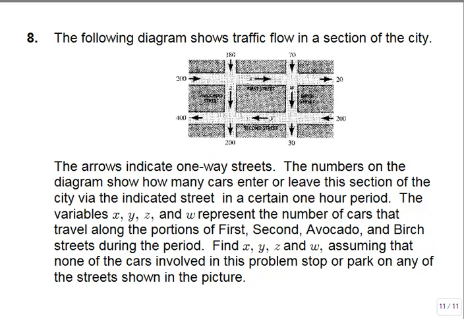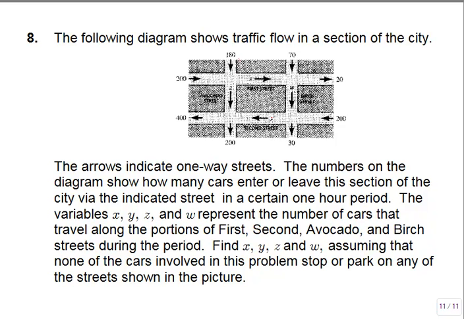So we have these arrows that represent the flow of traffic. The numbers on the diagram show how many cars enter or leave this section of the city via the indicated street in a certain 1 hour period. So this would say we have 180 cars coming into this intersection in 1 hour.